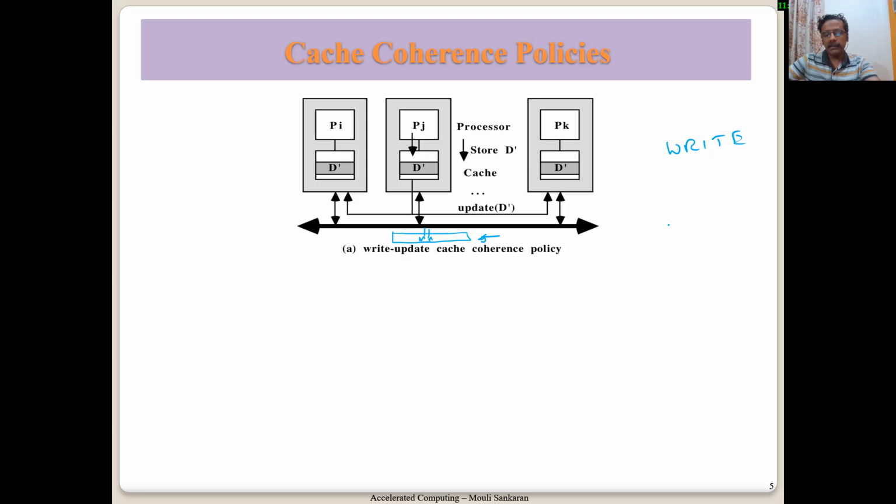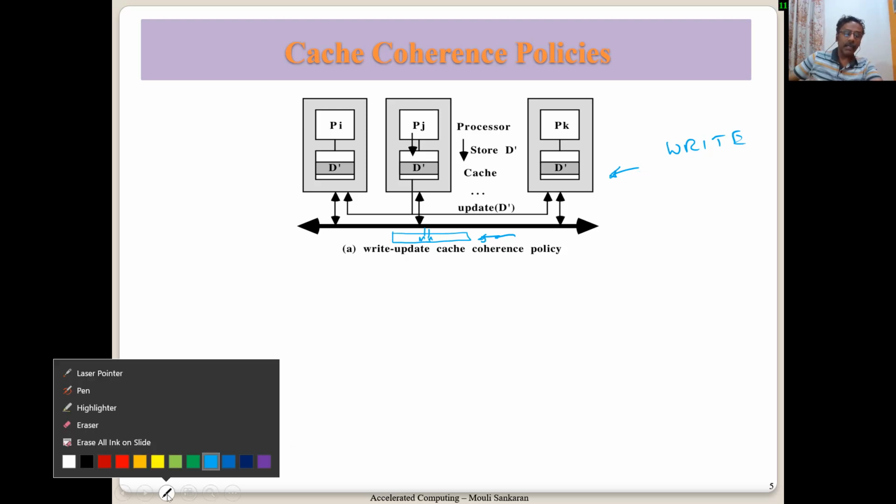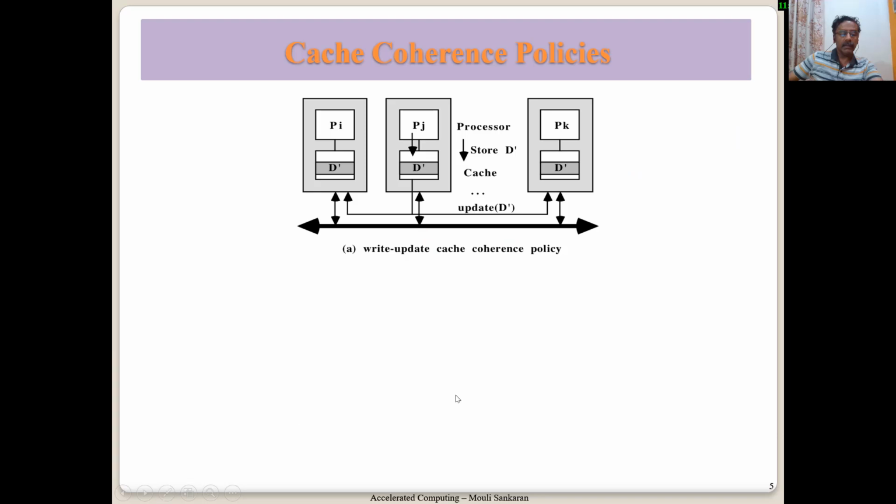In that case, there is no issue in terms of maintaining a coherence between multiple copies, because they are going to have same copies on all the private caches as well as the same value is going to be in the main memory also. So read operation does not cause any issue at all. That is why we are going to talk about write operation.